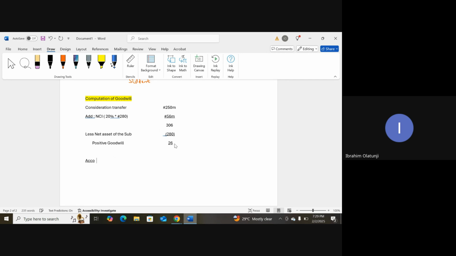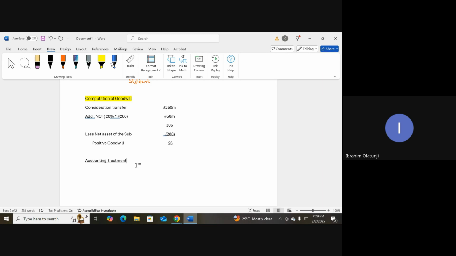I think they said we should also do the accounting treatment, right? Since it is a positive goodwill, the accounting treatment is that this goodwill that we got, we have to take to the statement of financial position.